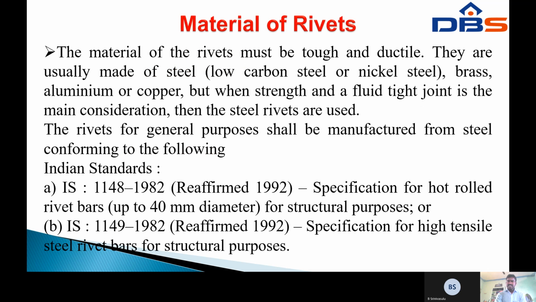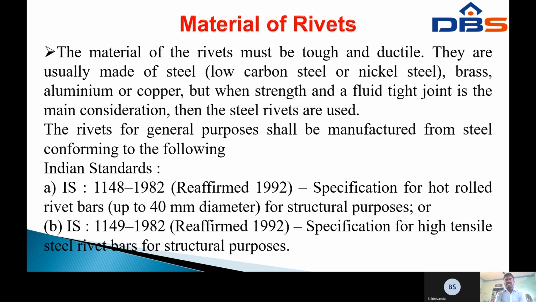Next, materials of rivets. Rivets are used as permanent joints or fastenings. Which type of material is used for rivets? The materials of rivets must be tough and ductile.